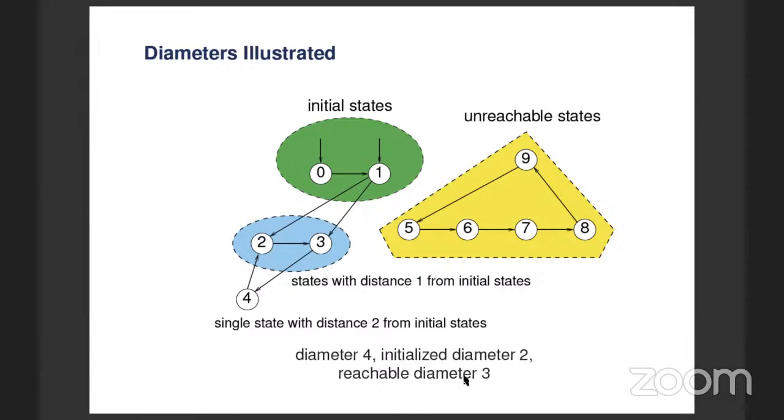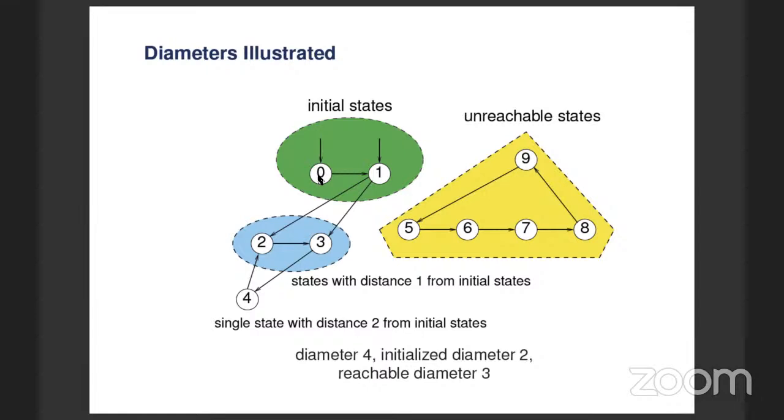The reachable diameter is 3, because this is the reachable part, and the maximum distance from any one of the initial states to states that are reachable in 0 or more steps is this 4. That is reachable from 0.